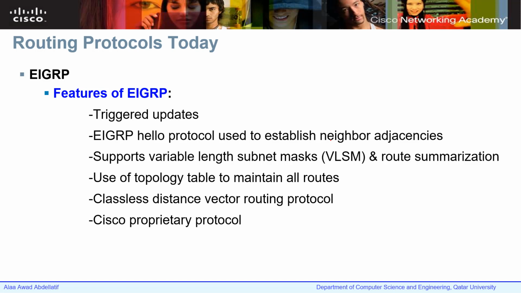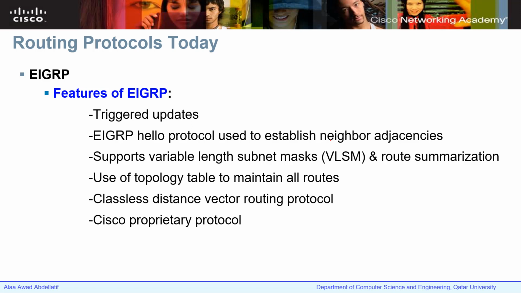It supports the hello protocol to discover neighbor routers. It supports variable length subnet mask, so it's classless, and it also supports route summarization or automatic summarization. We'll talk about this at the end of the lecture.